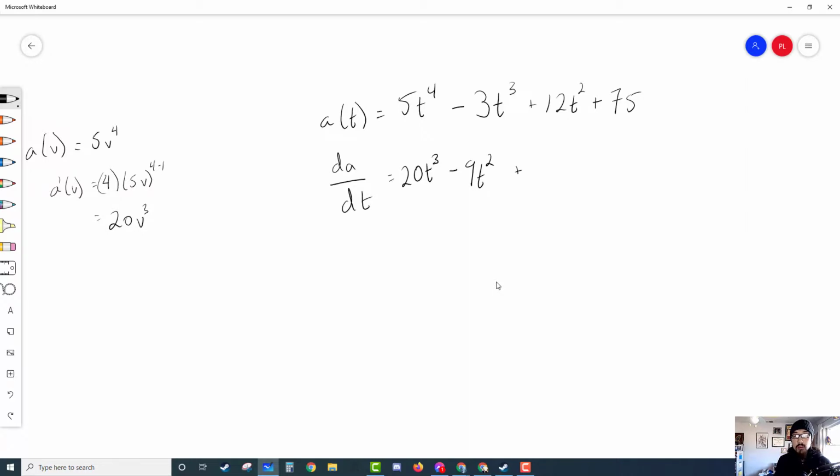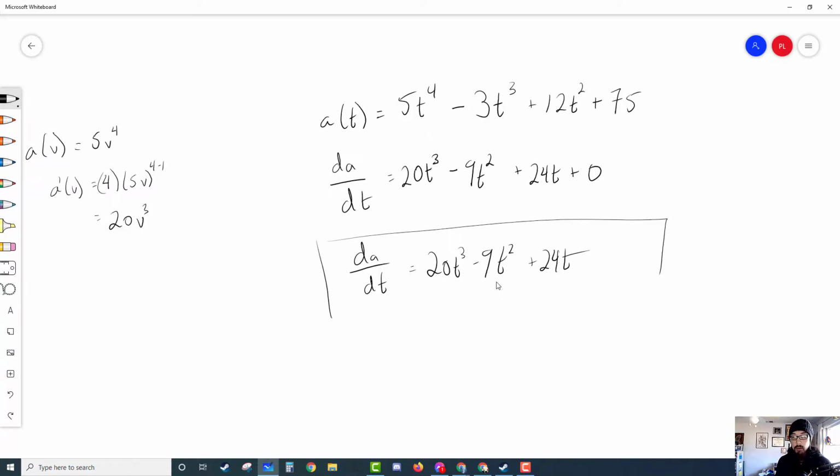Plus 2 times 12 gives us 24, t to the 2 minus 1, which is 1, so we can just leave it like that. Plus, 75 is a constant, so that'll be a 0. So our equation just turns out to be like this. It's a pretty beautiful equation.